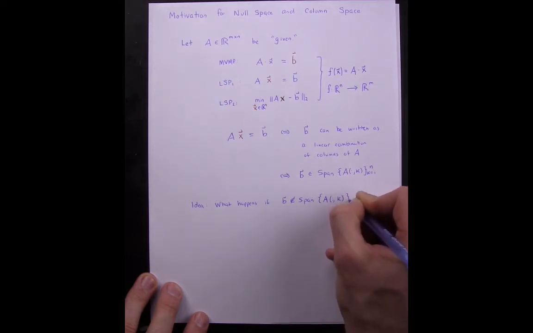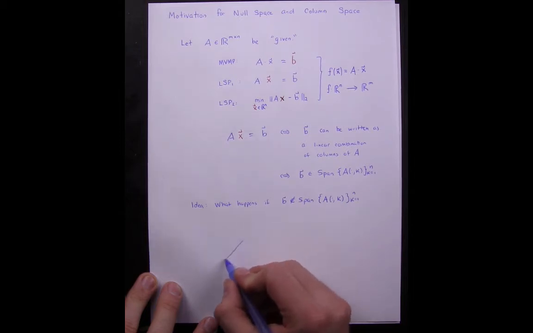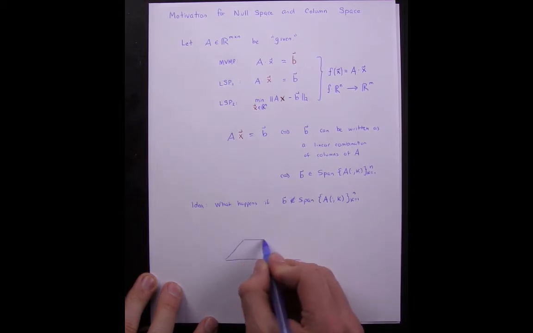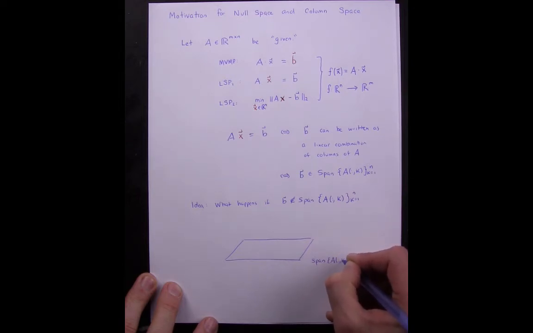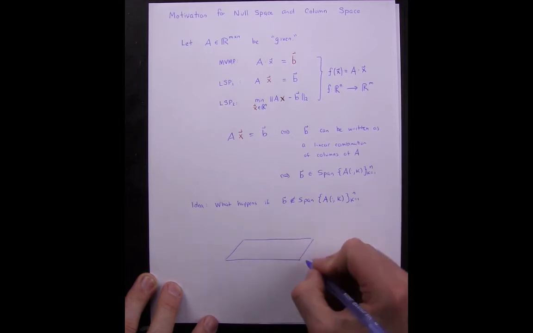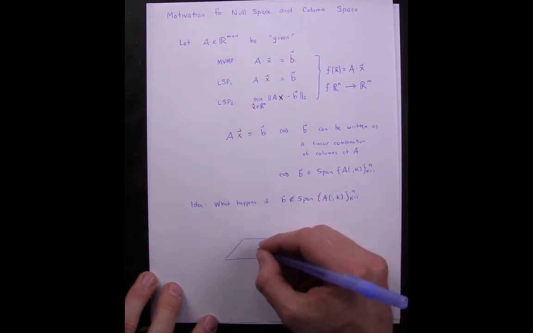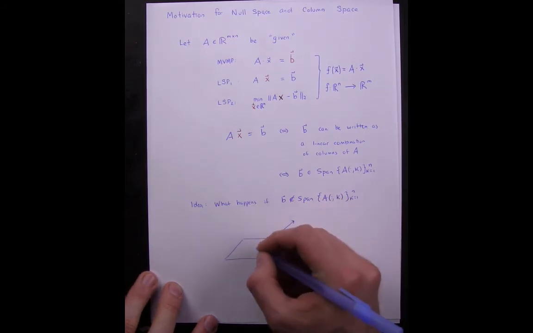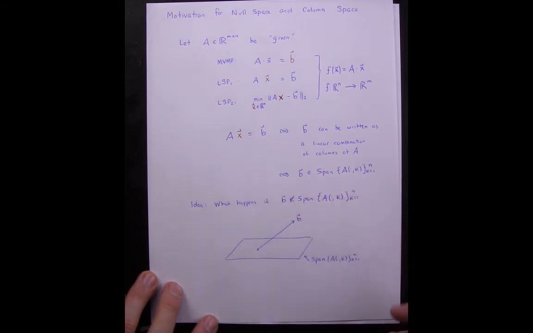Well, one of the major ideas that we're going to look at, if you look at what we call the span of the columns of A, so let's say that this rectangular two-dimensional thing was the span of the columns of A, and then B did not completely lie within that.